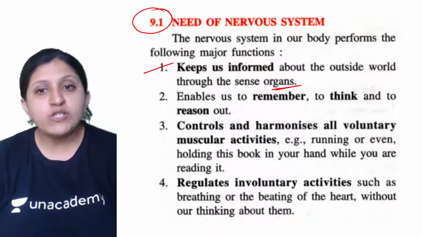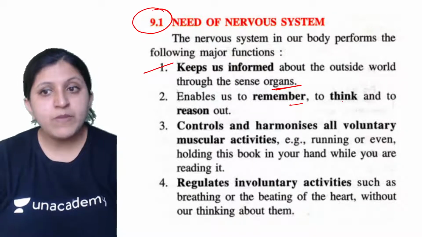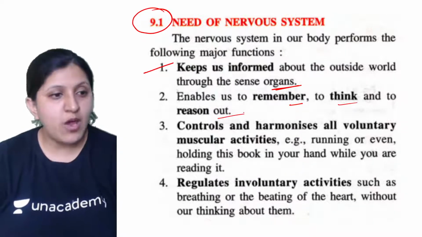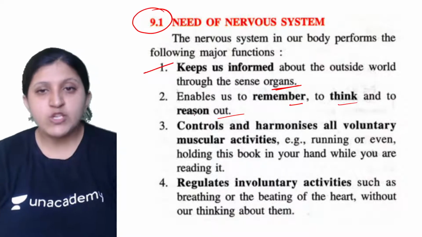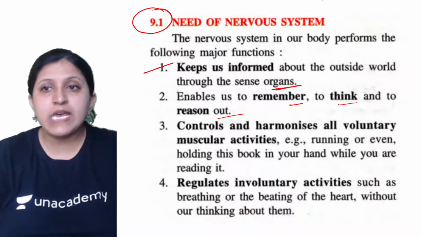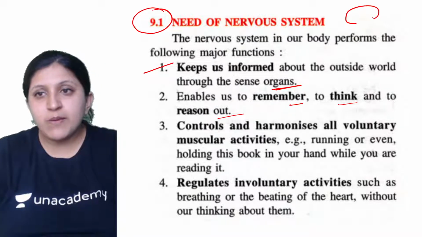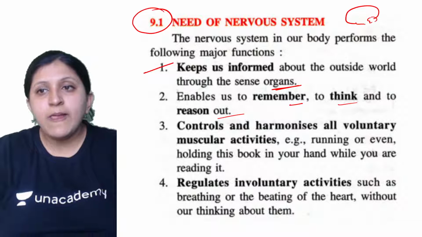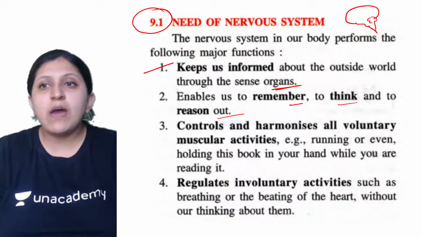Okay, this also enables us to remember, to think and to reason out. So how are we able to remember? There is the cerebrum part, the cerebellum part, the pons part and the medulla oblongata part.